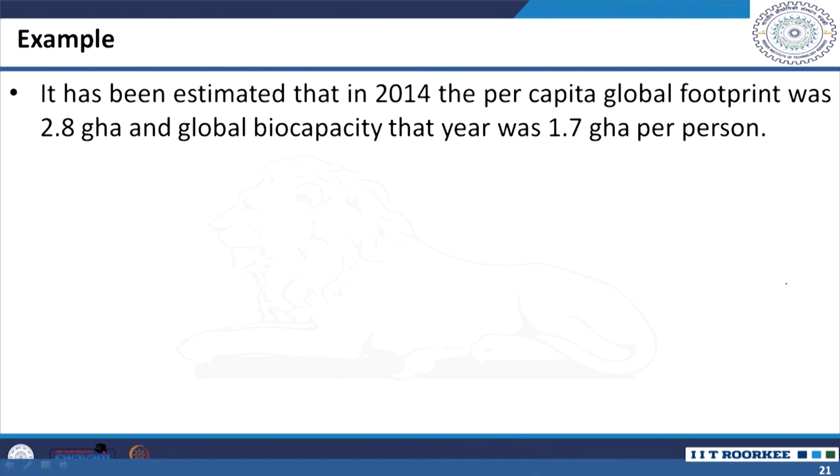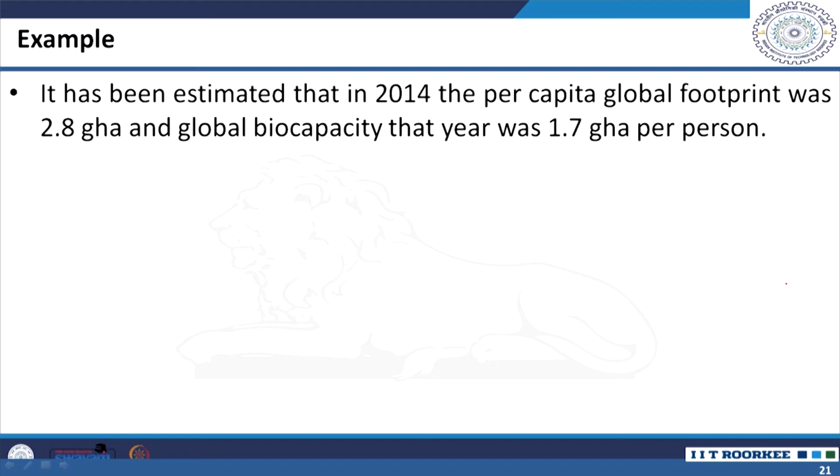Here you can take an example on ecological footprint and ecological reserve or deficit, and how this data can be used to understand the sustainability concept. For example, it has been estimated that in 2014, as per the EF report, the per capita global footprint was 2.8 GHA, and the global biocapacity in 2014 was 1.7 GHA per person.